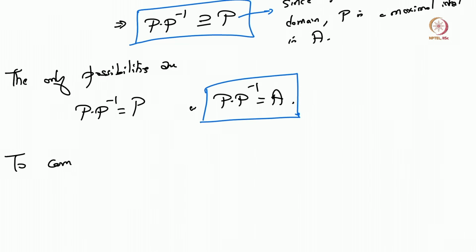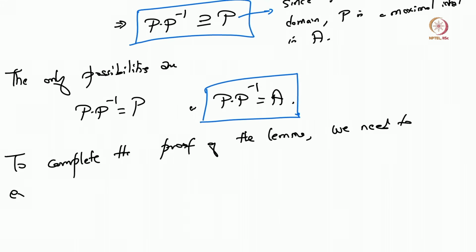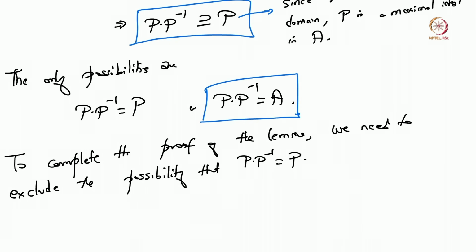To complete the proof of the lemma, we need to exclude the possibility that P times P inverse equals P. Okay, so this is where we'll use the hypothesis that A is integrally closed.